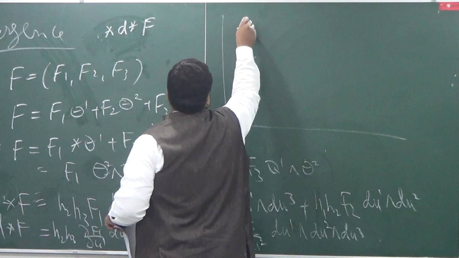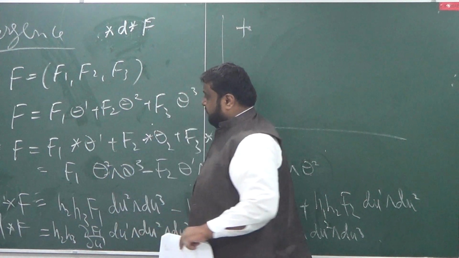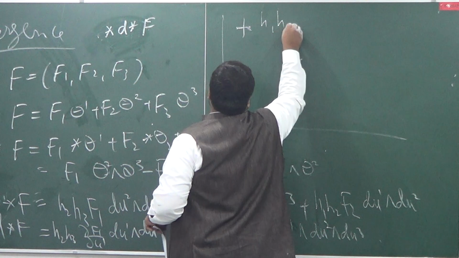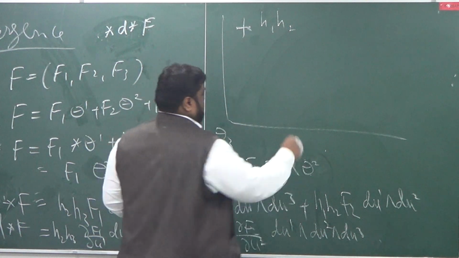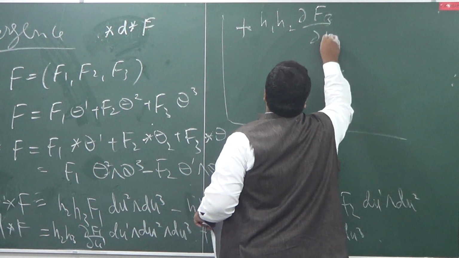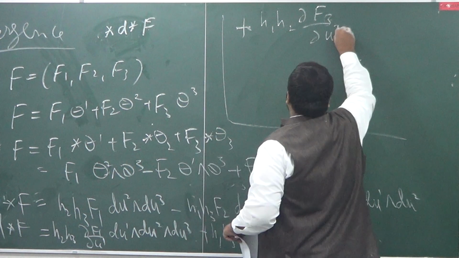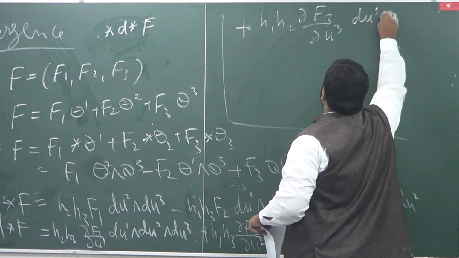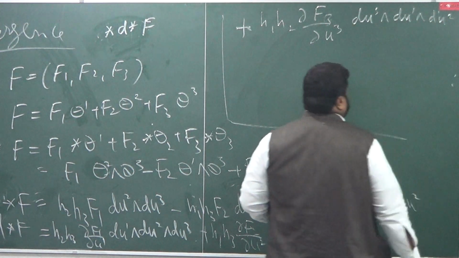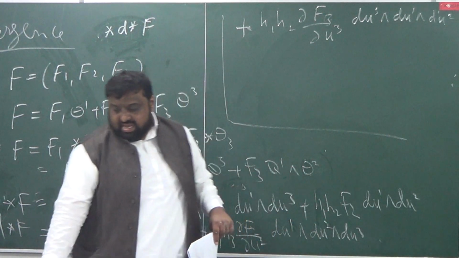So the third plus I'm writing here. H1 H2 partial F3 by partial U3, and you're going to have du3 wedge du1 wedge du2. Okay?